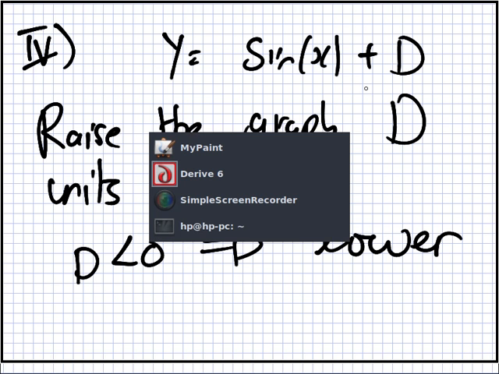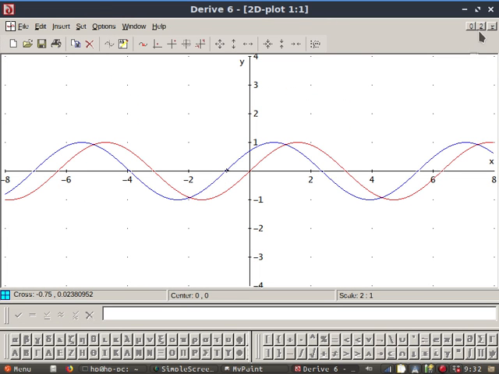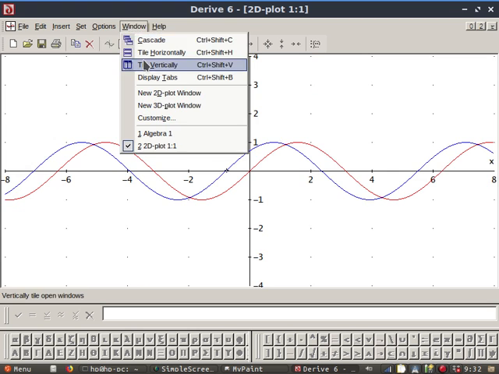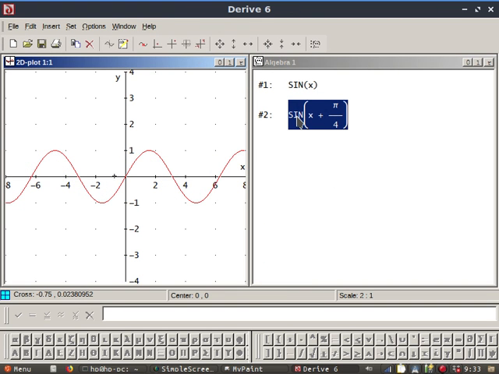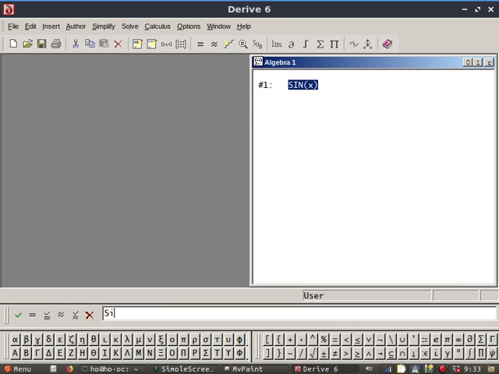A quick graph of this. Let's draw. I'll do cosine as the next example.